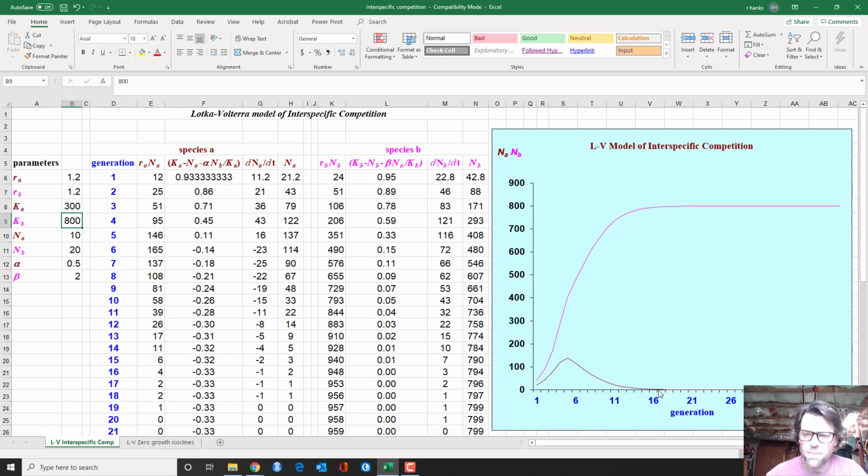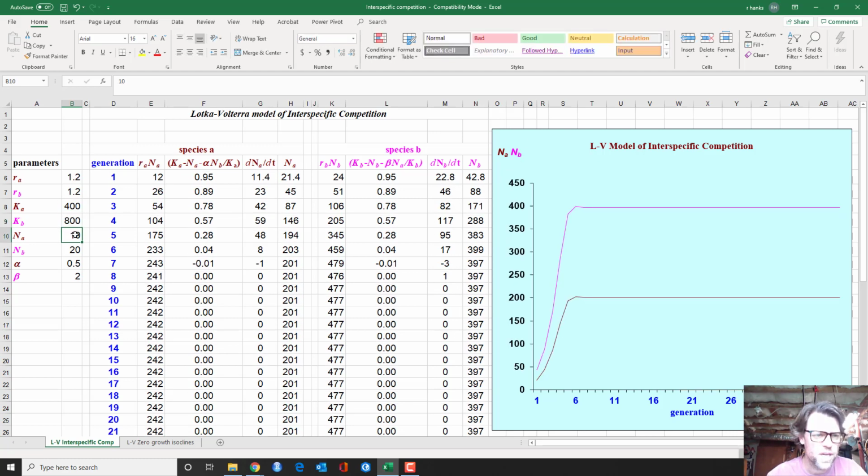And at that point of 0 competition is when species B can actually acquire its carrying capacity. It can't reach its carrying capacity otherwise because it's in competition for some resource with the other species. So we'll put this back to 400, and then we can change the initial populations.